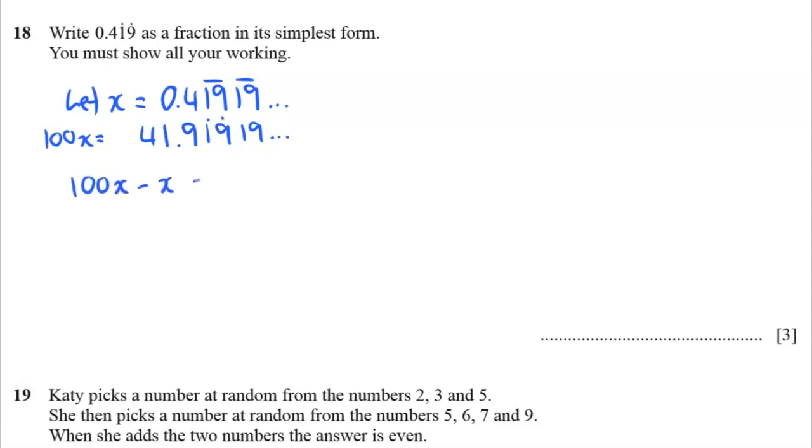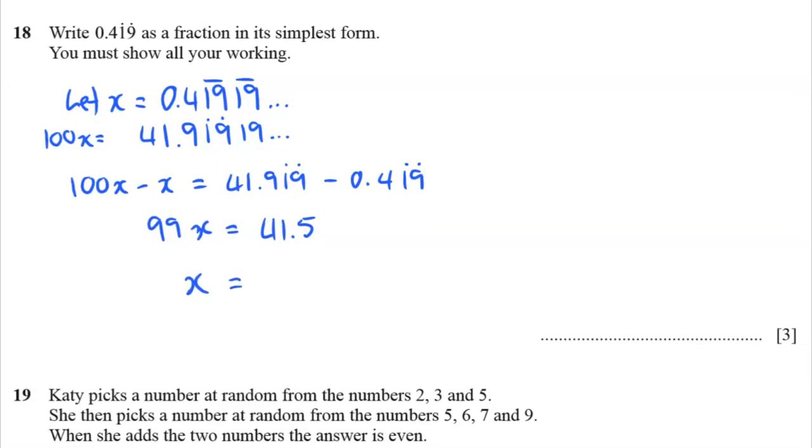100x minus x is equal to 41.919, that's my recurring part, minus 0.419, my recurring part, and I will get 99x is equal to 41 minus 0, 9 minus 4, we're going to end up with 41.5.